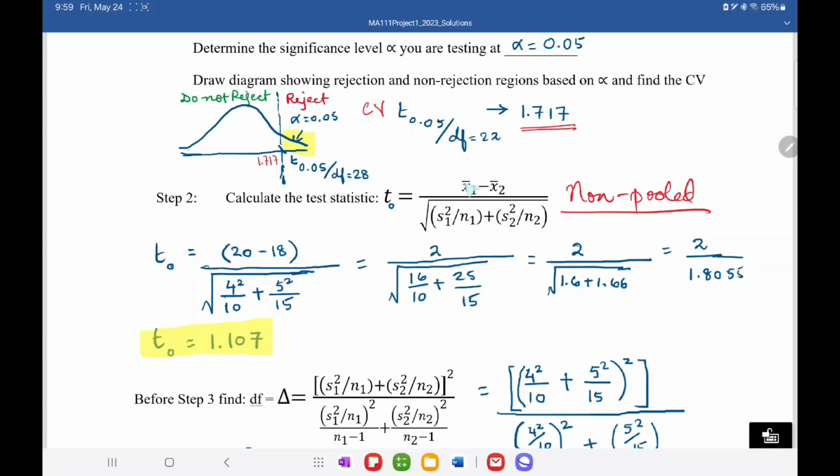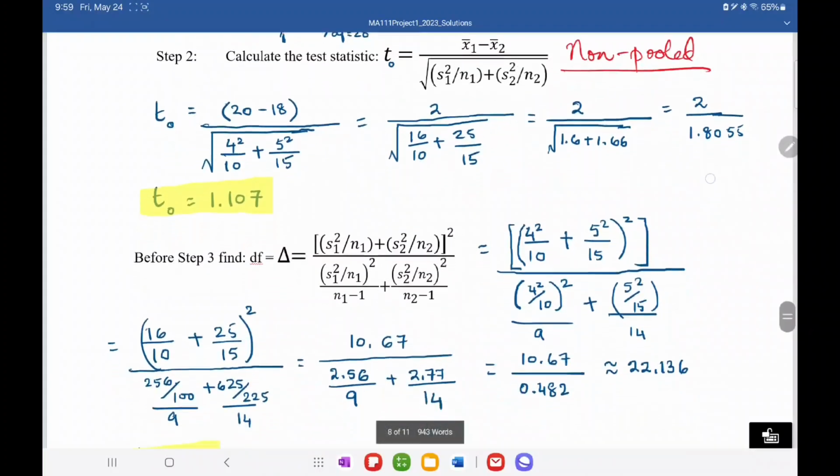But if it's not given to you, you have to look it up from the formula sheet, which will be provided to you. You do not need to memorize any of these formulas. But make sure you pick the right formula for the non-pool test. So you use this formula and find your T sub 0 value, which comes to 1.107. Make sure you are plugging in the values correctly.